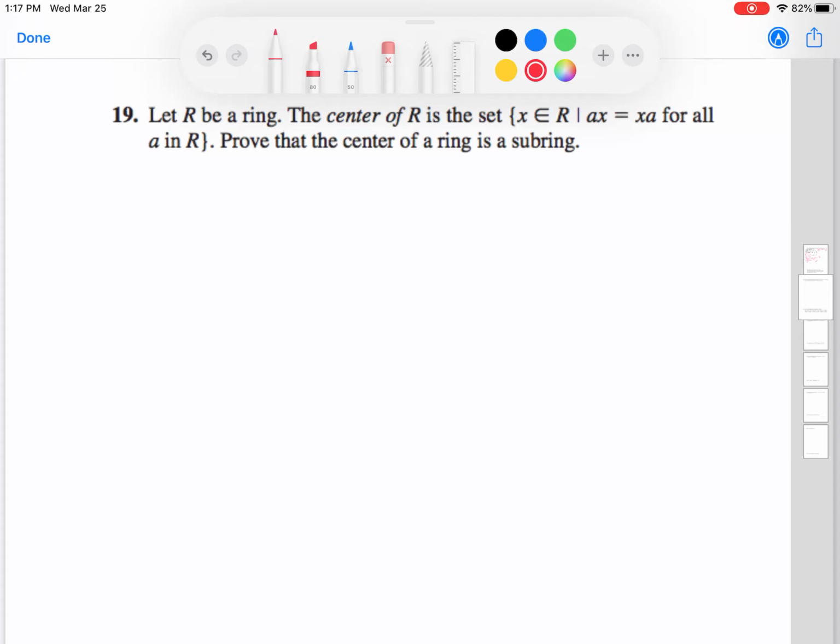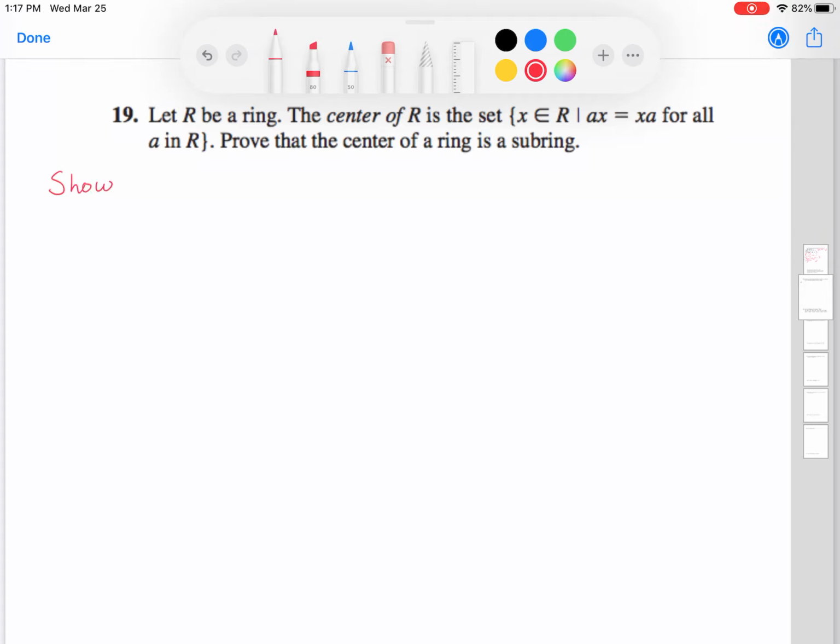All right, we're going to look at number 19. Number 19 is going to define for us what the center of a ring is. So we're going to prove that the center of a ring is in fact a subring. So of course we need to have the same operation. We need the center to be a subset.